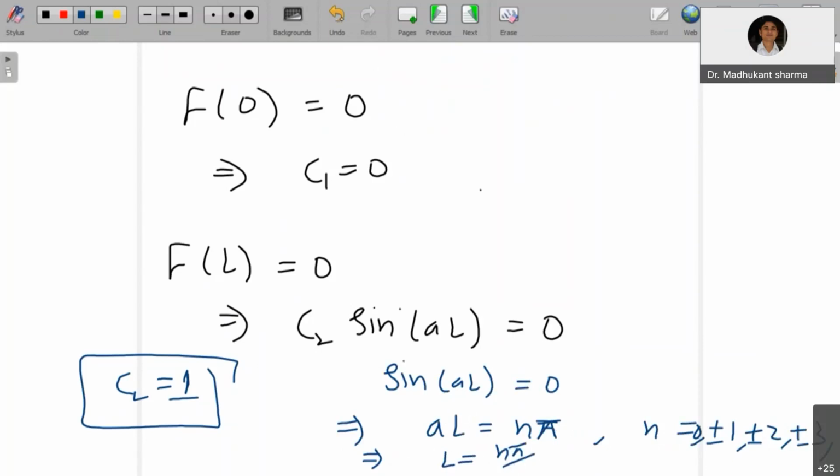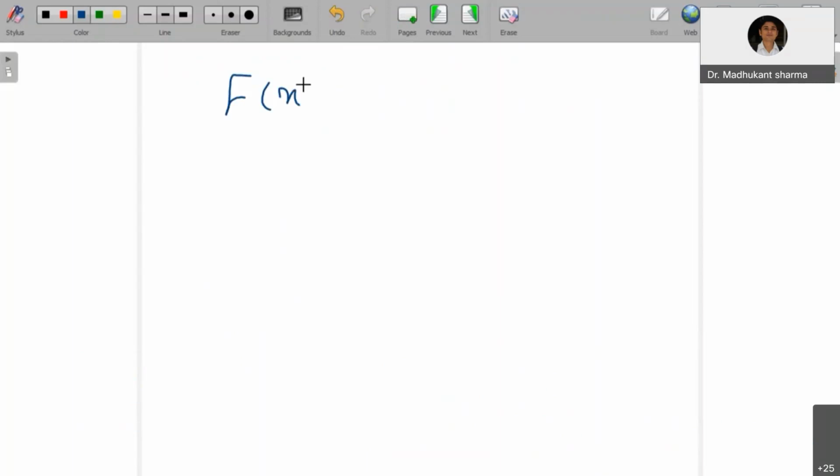Or rather, not L, because L is known to you and A is unknown to you. So A equals n pi by L. So what it will give you is f of x equals, with C2 is 1 and C1 is 0, sine of AX, so A is n pi x by L. Since it depends on n, I can say I have obtained infinitely many solutions.